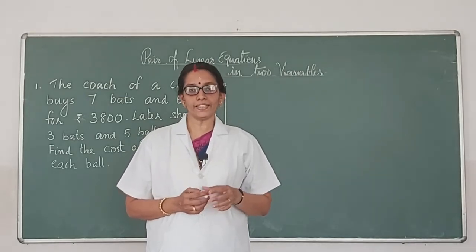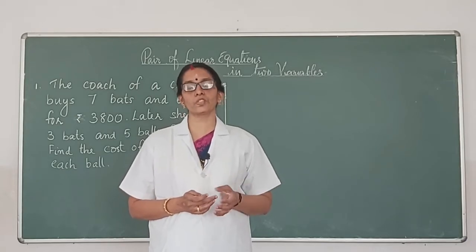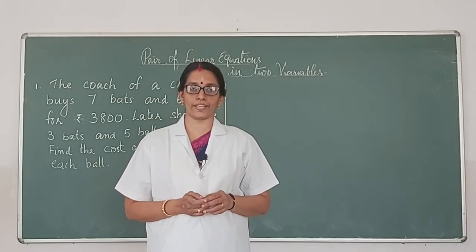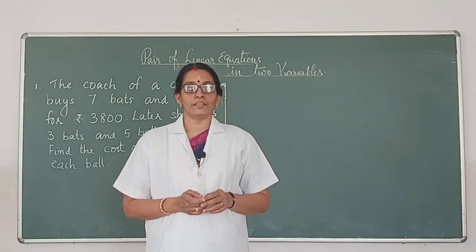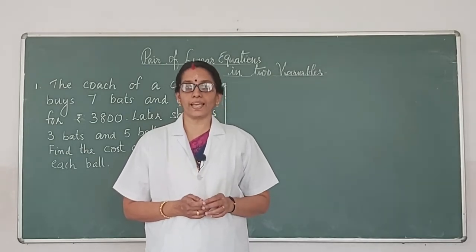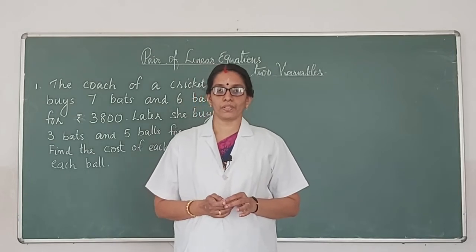You have already studied the algebraic methods to solve a pair of linear equations in two variables. There are three algebraic methods: substitution method, elimination method and cross multiplication method.